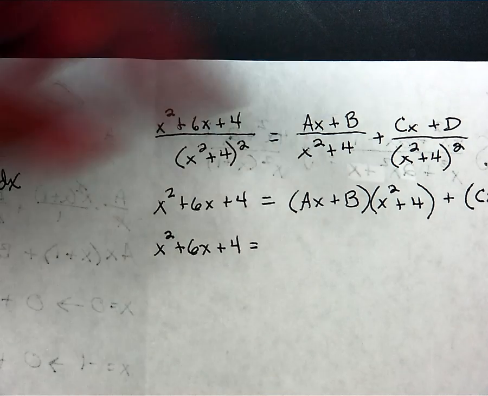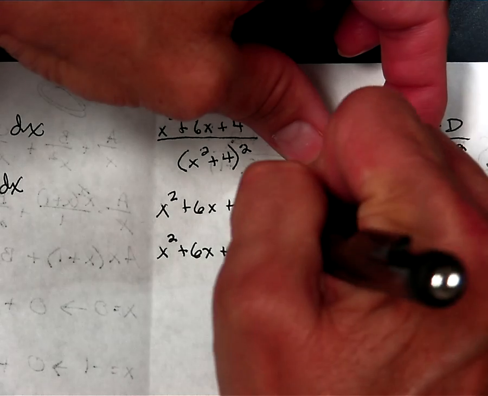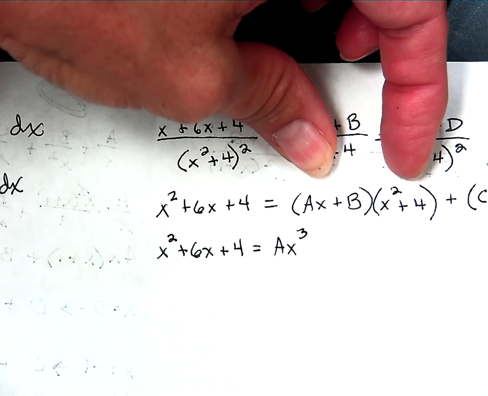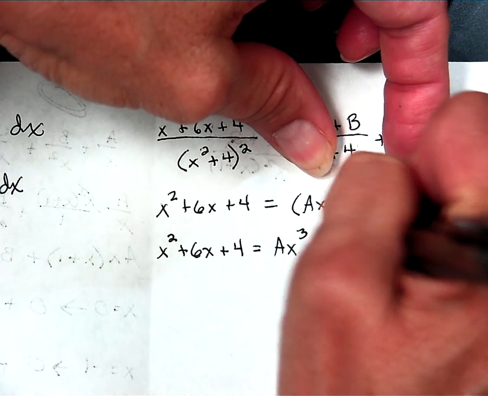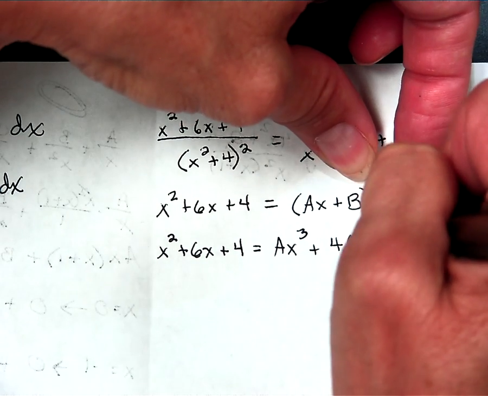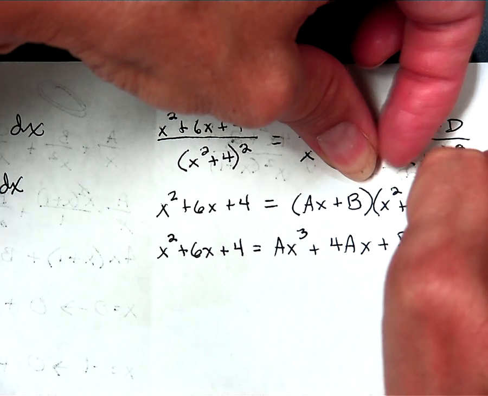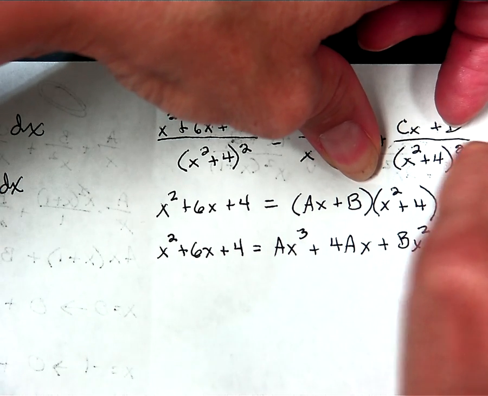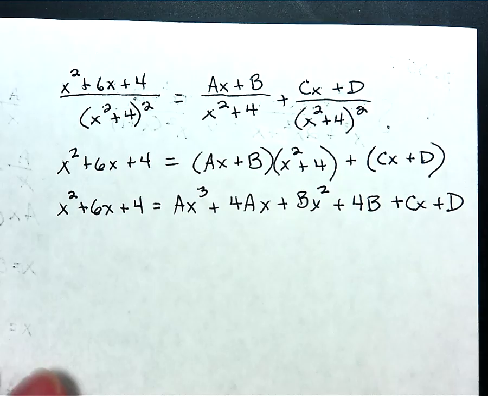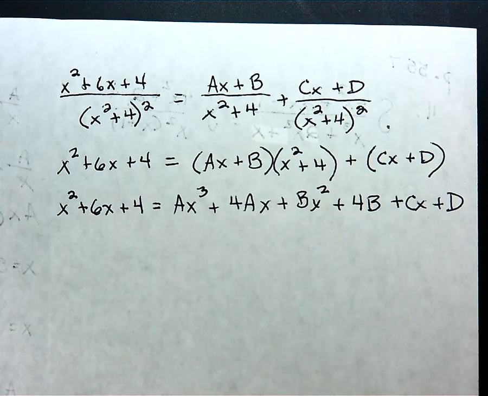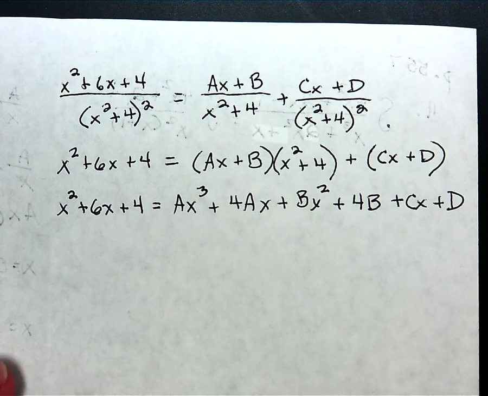Okay. Ax cubed plus 4Ax plus Bx squared plus 4B plus Cx plus D. Double check that. Ax cubed, 4Ax, Bx squared, 4B, Cx plus D.